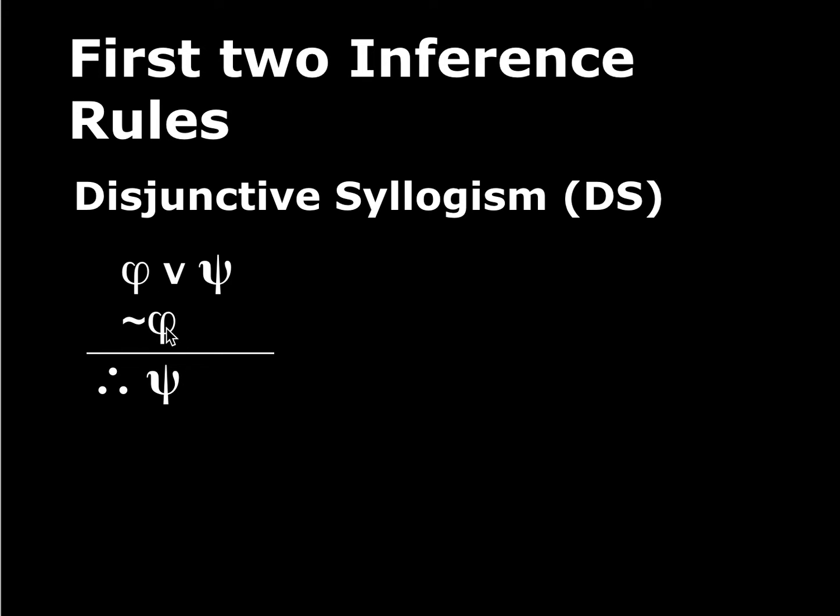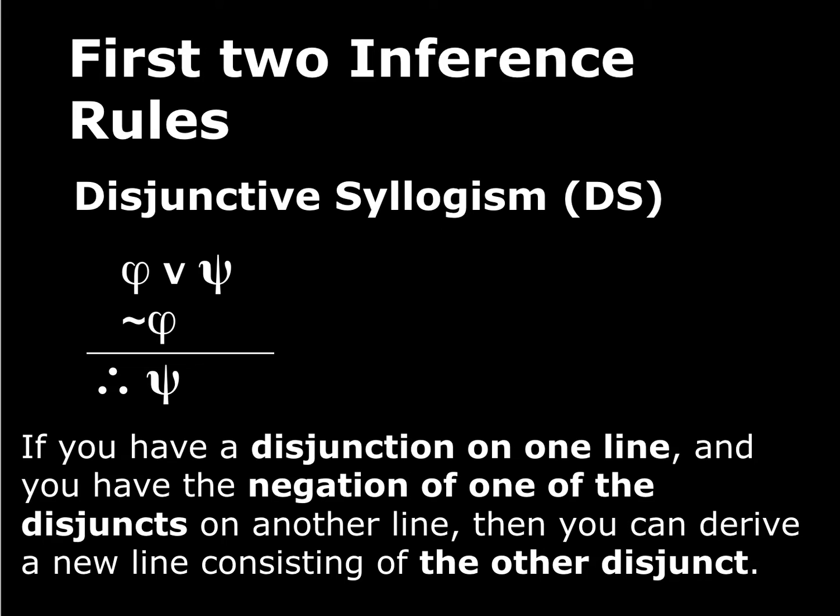The rule says then, if I want, I can write a new line that just consists of the other disjunct. In this case, psi. So if you have a disjunction on one line, and the negation of one of the disjuncts on another line, you can derive a new line consisting of the other disjunct.